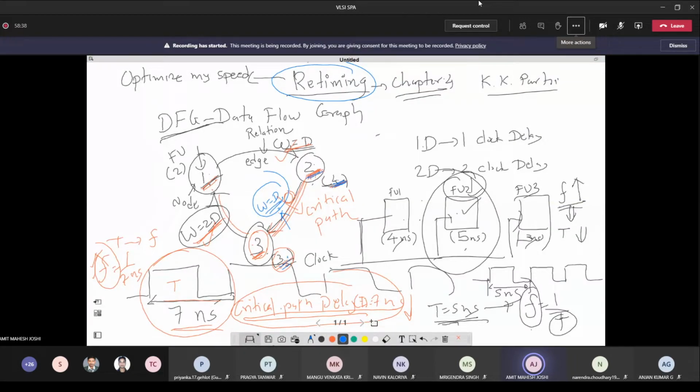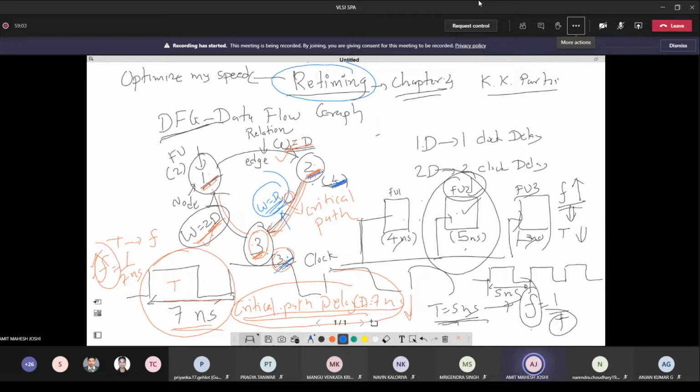Now I have a delay. So this would require 4 nanosecond in one particular clock period, while this requires 3 nanosecond in another clock period. So now for this particular system, if I consider that there is a D over here, then I can consider the minimum period which I can set.